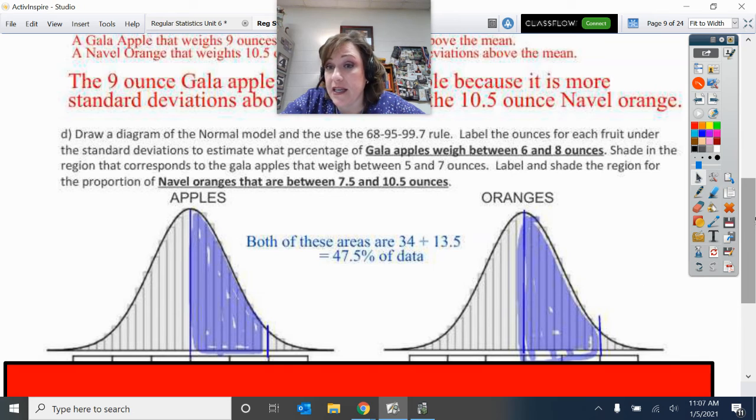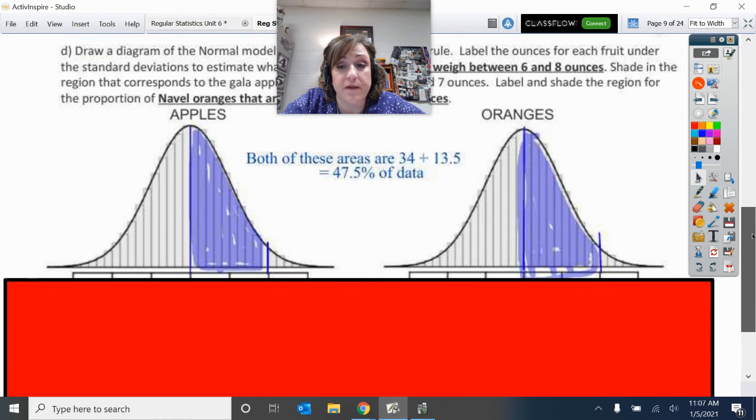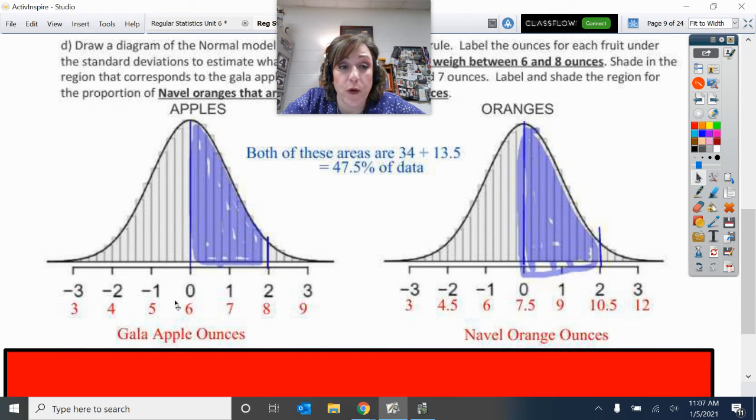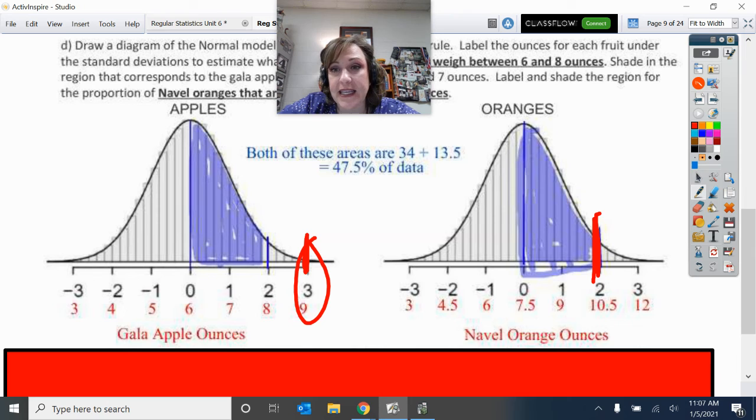And so here is another kind of discussion of, we could draw out these values for the apples and for the oranges. And so we did. And then you can see here that apple at 9 ounces versus the navel orange at 10.5 ounces. So we can see that that gala apple, like in the problem above, the 9-ounce one was higher up on its curve than the navel orange.